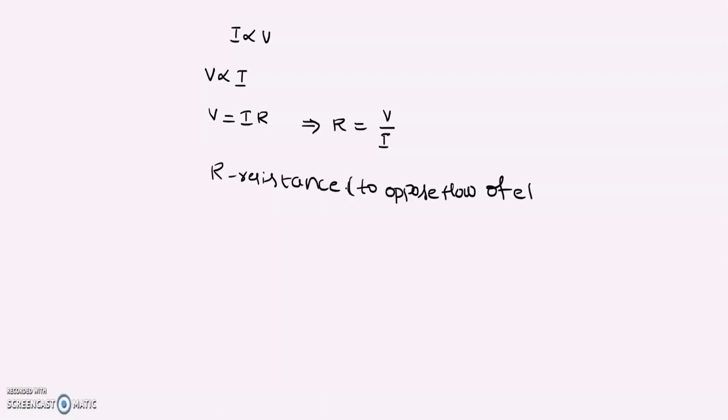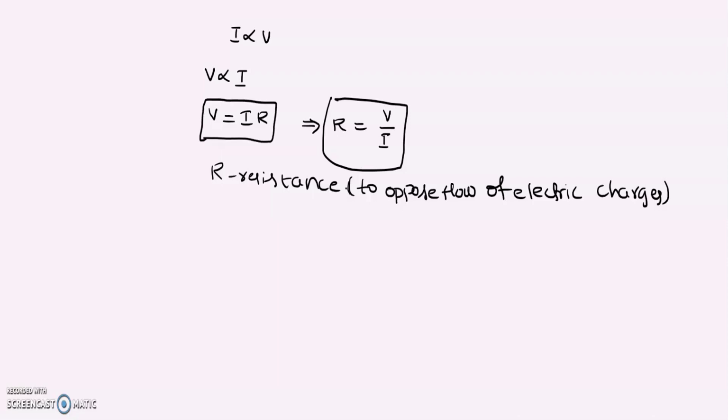So mathematically, the resistance of a conductor is given by the ratio of potential difference across a conductor to the current flowing. That is R is equal to V by I, or V is equal to IR. Here V is the potential difference, I is the electric current, R is the resistance.